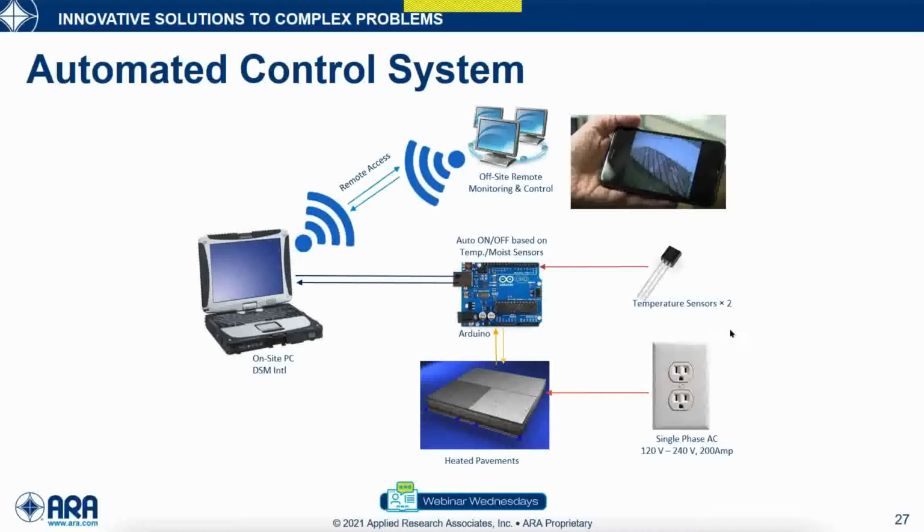And the good thing about this system, you can connect it to the smartphone. You can install the app, and then in a click of a button, you can turn the system on. You can turn the system off. You don't need any equipment, de-icing chemical agent, or large snow plows. It's a very efficient way to operate the system, even from your smartphone.